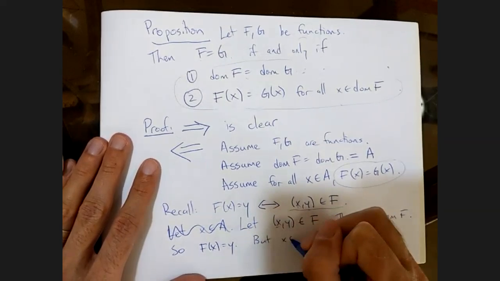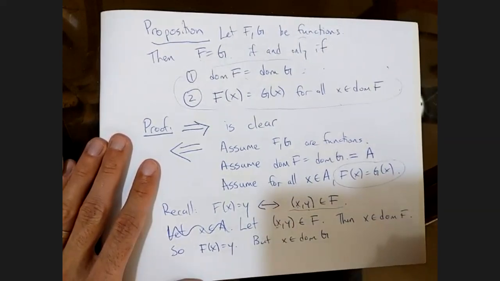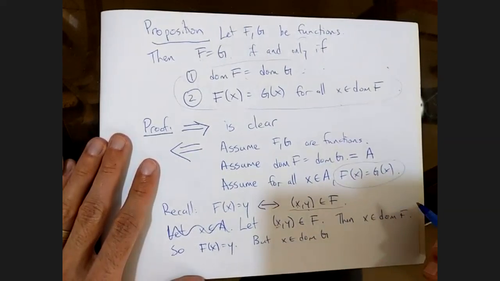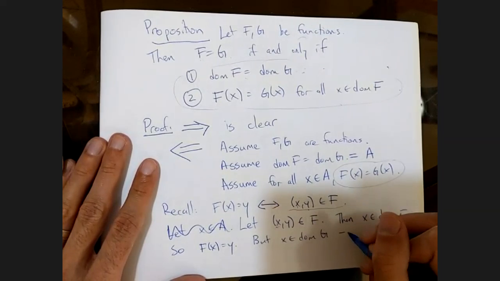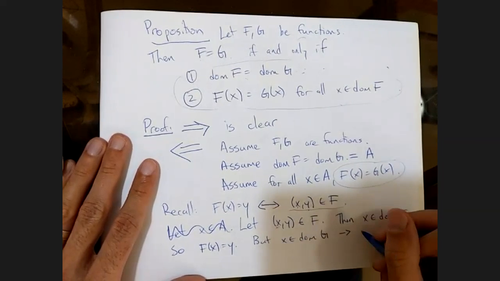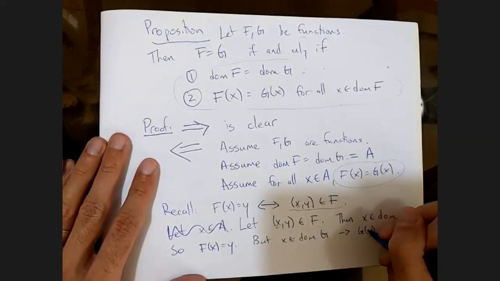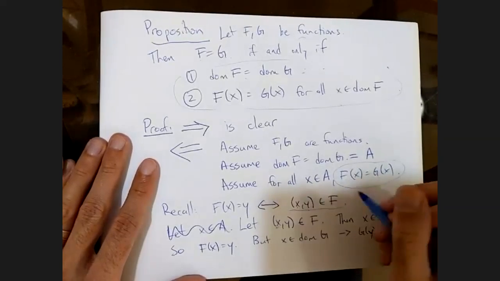But x is also in the domain of G. And that's because the domain of G equals the domain of F, which we call A. Okay. So this means that g of x makes sense. And also our assumption is that f of x equals g of x.